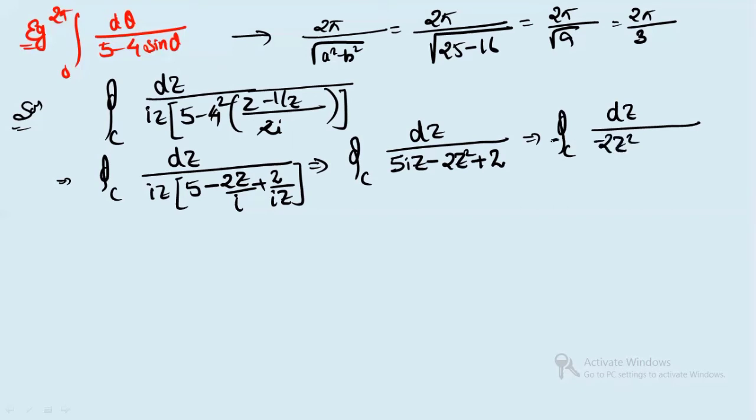I'm taking minus common outside. You can take it common also, you can keep it inside. I'm keeping it inside for the timing. This will give 5 iz plus 2. Okay. Now what you will do? You will just solve it, using just making it a quadratic equation.